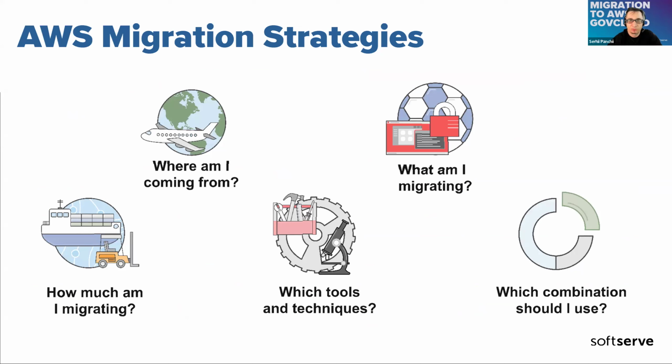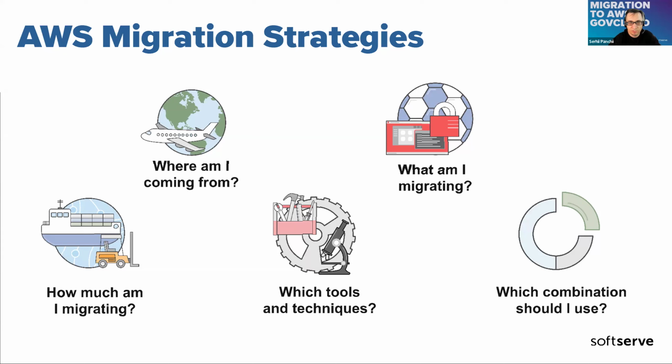Let's talk about the migration to AWS GovCloud. As you can see, the migration should be prepared first, well designed, and performed in a very strict manner. In this case, we can rely on the standard AWS strategies. But before that, we need to be clear and answer the following questions, like how much am I migrating?